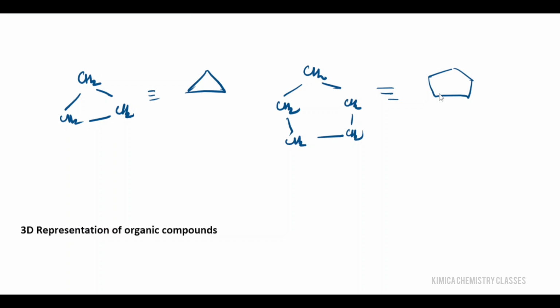Next is the three-dimensional representation of organic compounds. Three-dimensional representations of structures of organic molecules can be represented on paper by using certain conventions. We can show 3D structures on paper also, but that all depends upon the structure of the molecule and how we represent it.